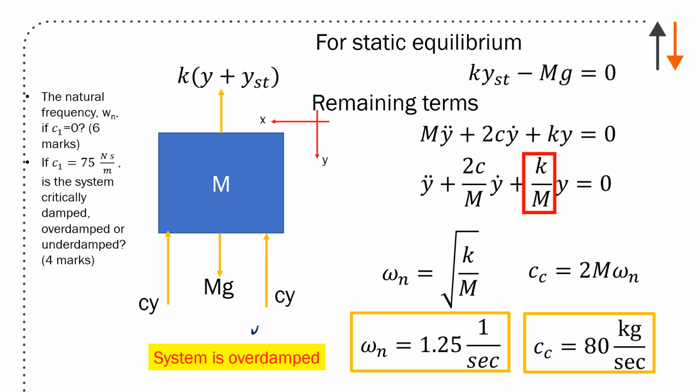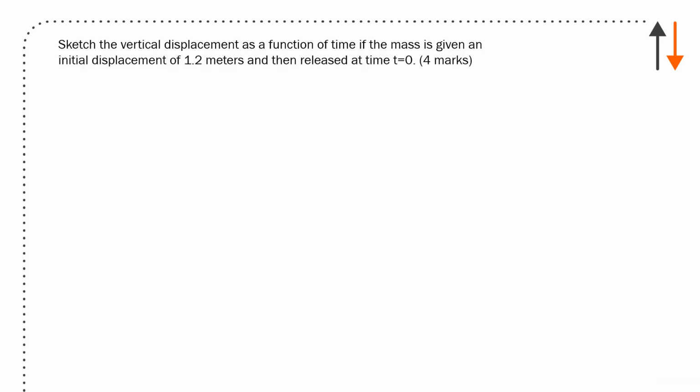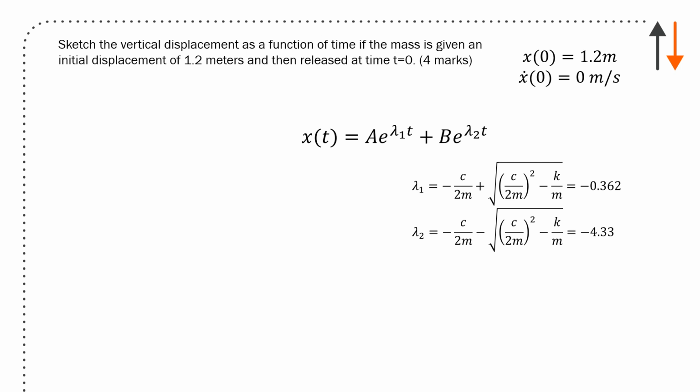Again, looking at the coordinate system, I've defined positive downward. So I've given two points. x at 0 is 1.2 meters. x dot at 0 equals 0 meters per second. I have a solution that takes the form for overdamped A e^(lambda 1 t) plus B e^(lambda 2 t). Solve through using the definitions in the book.